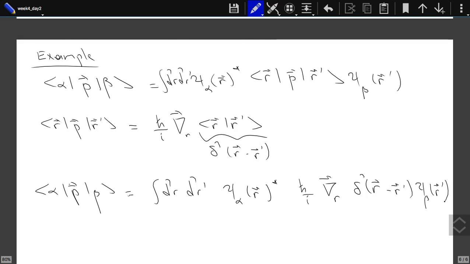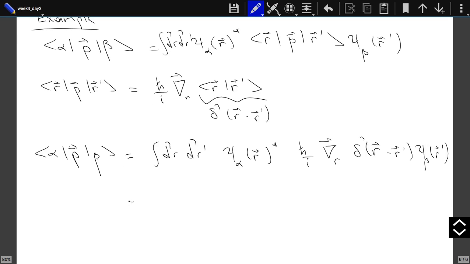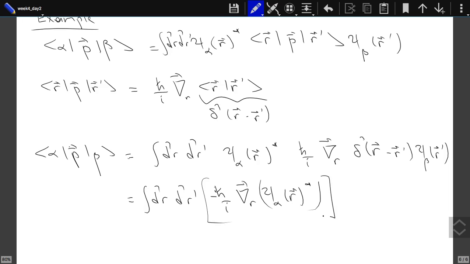Well, to evaluate this integral, you just do an integration by parts. If you omit the boundary terms, this becomes the integral d cubed r prime of minus h bar over i, the gradient with respect to r of psi alpha of r star, times the Dirac delta cubed of r minus r prime, psi beta of r prime.